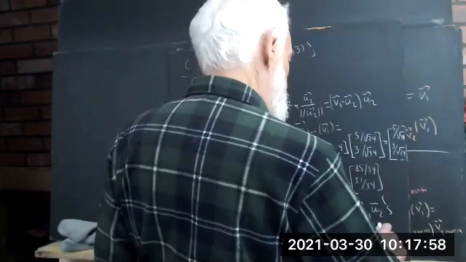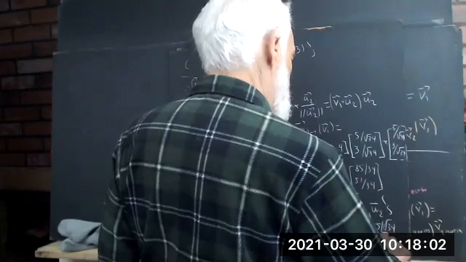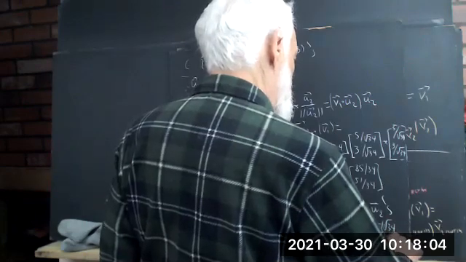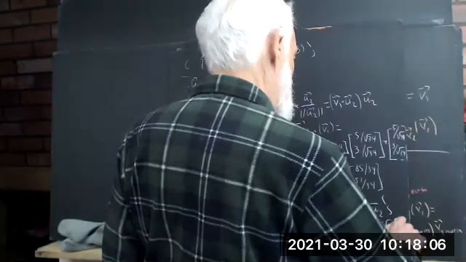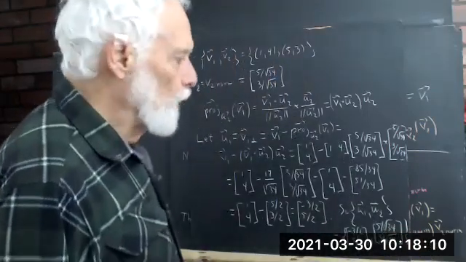And then we have 5 over the square root of 34, 3 over the square root of 34. Now that's clearly orthogonal.